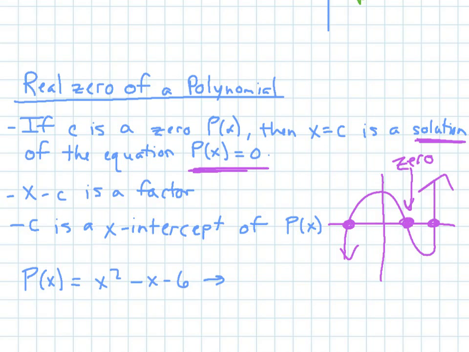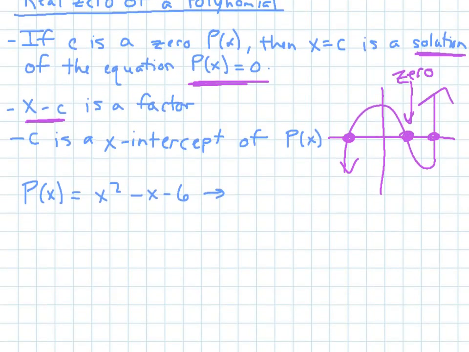And so that also means that x minus c is a factor, which we'll use later for the most part. And also c is an x-intercept of p of x, so it crosses the x-axis. So here, if I am talking about x squared minus x minus 6, let's say we factored this. Then that would give me x minus 3 times x plus 2, and I did that by factoring.